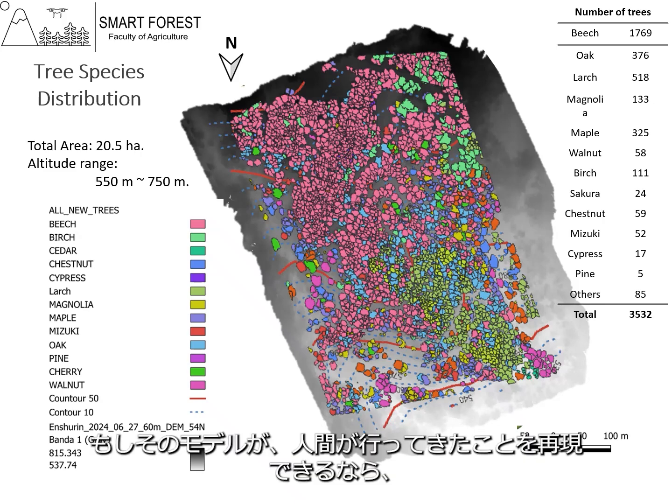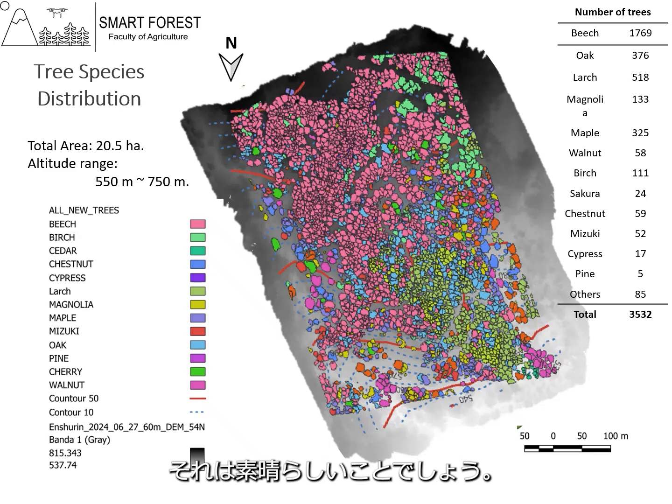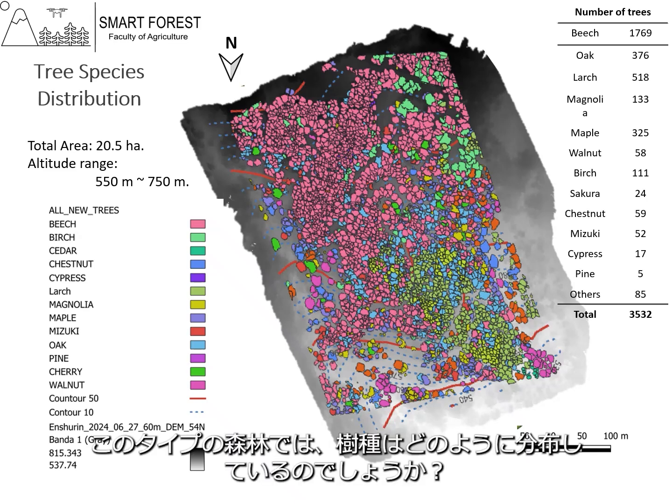So if the model can reproduce this that has been done by humans, it will be fantastic. But if the model still takes some years to do it, you can already do this kind of study, and this will give a very good understanding of how tree species are distributed in this type of forest.